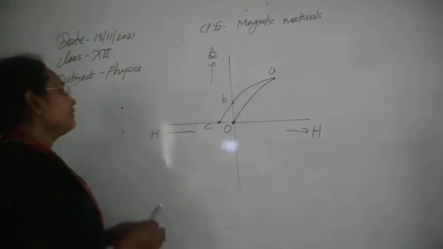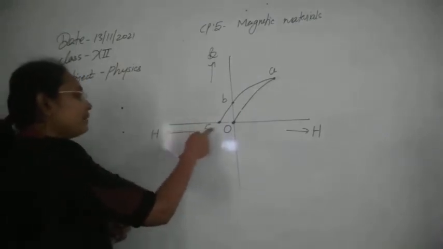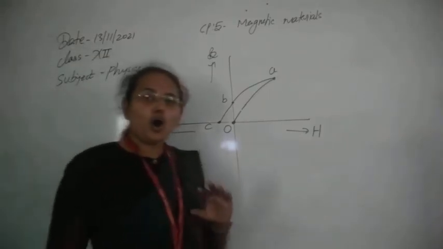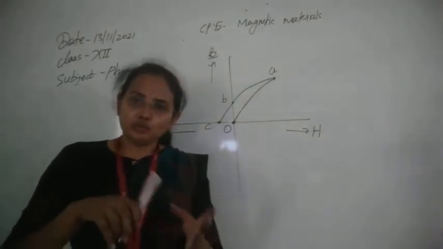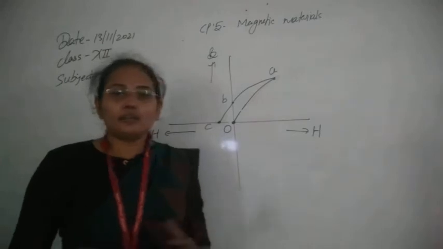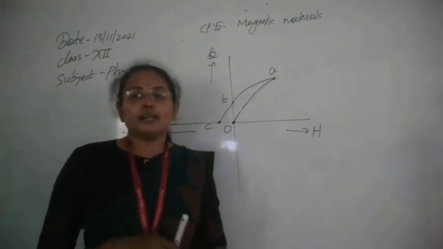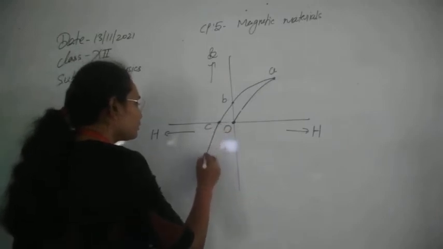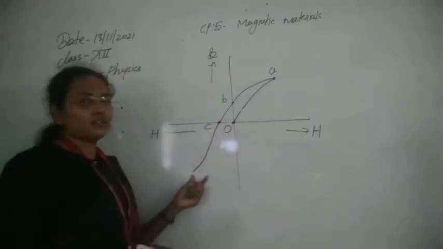Now, if we again apply the magnetic field in the reverse direction, then all the dipoles will start to align in the opposite direction. Due to that, the magnetization will again increase and go to its saturation value, just like this.